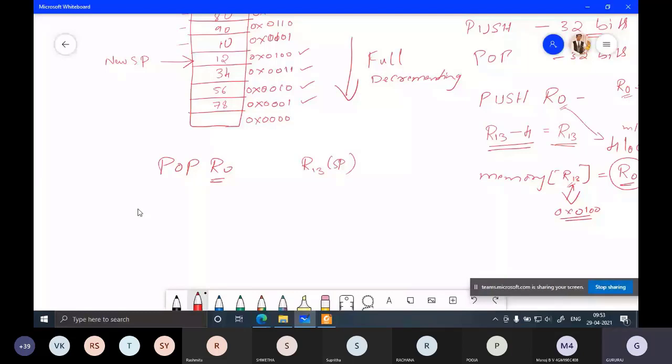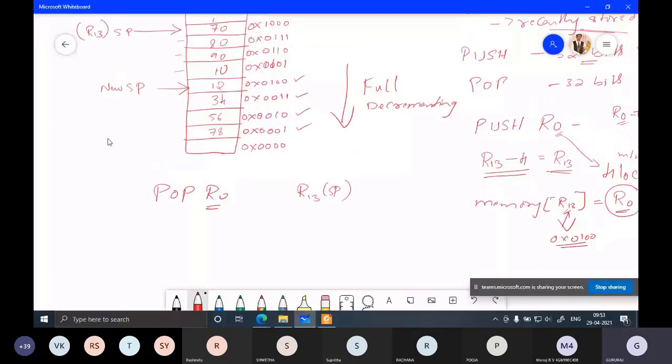So you have to retrieve this data. Since it is pop R0, R0 will get the contents of the memory whose location is pointed by R13, or the SP.